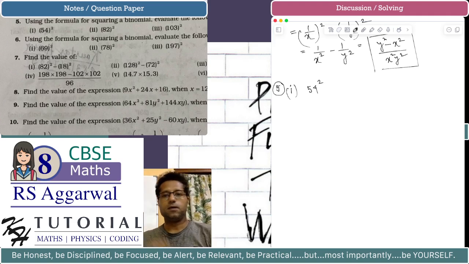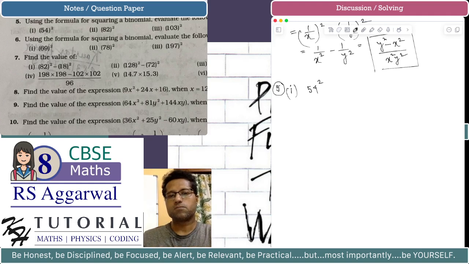Now, how can we split 54 in the form of a plus b or a minus b? You must do this very carefully so that it is easy to find a square and b square, because a plus b whole square is equal to a square plus b square plus twice ab.